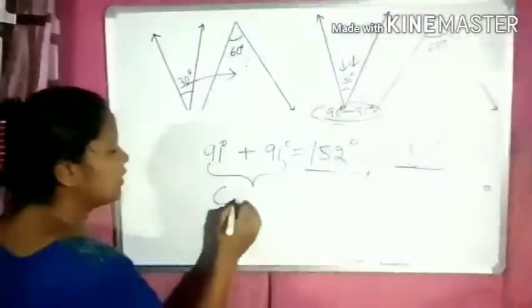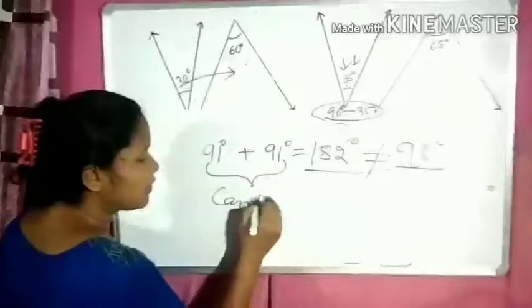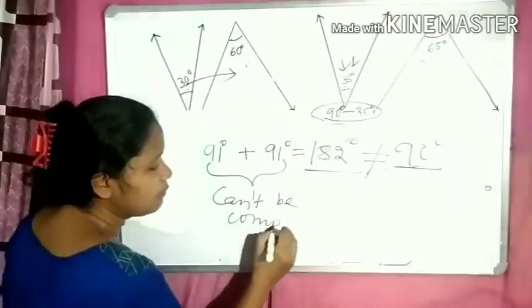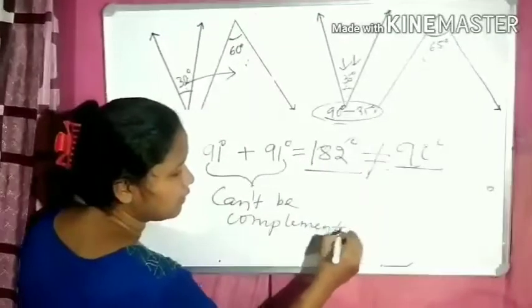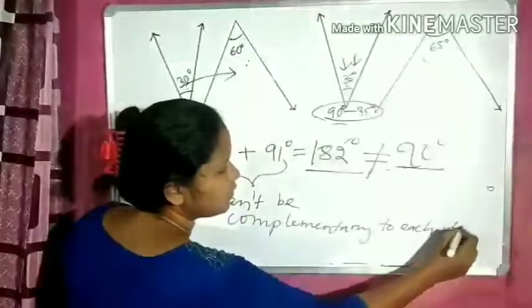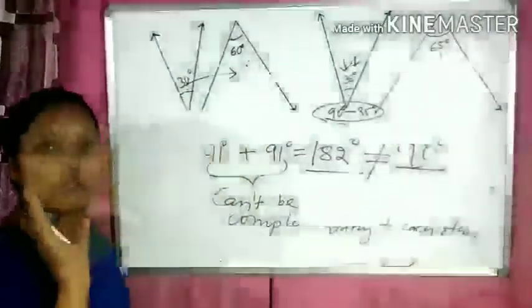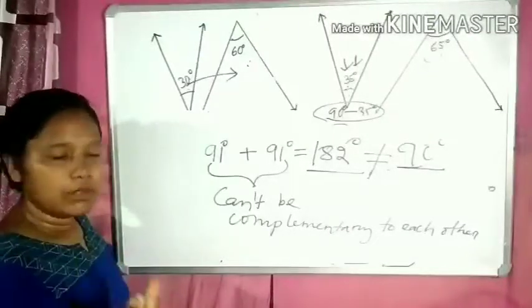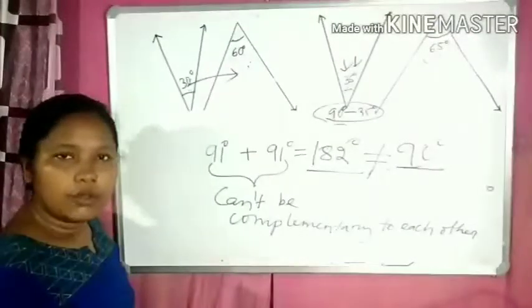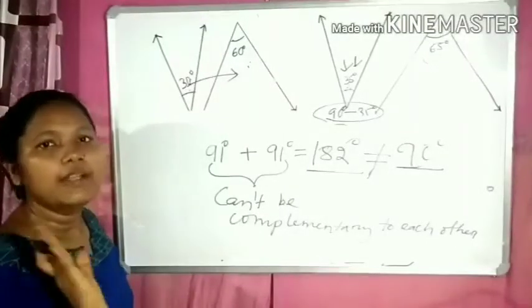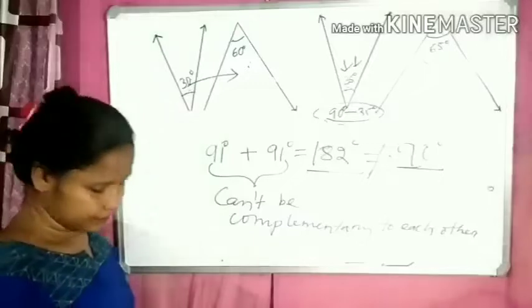So these two angles cannot be complementary to each other. This means no two obtuse angles can be complementary, or you can say that two obtuse angles cannot be complementary to each other.